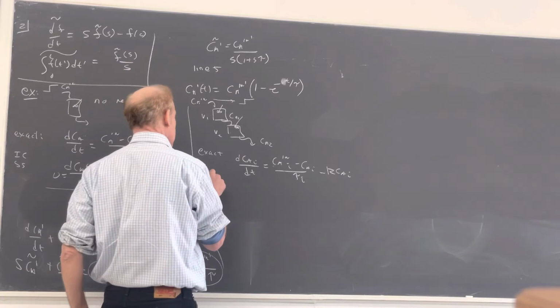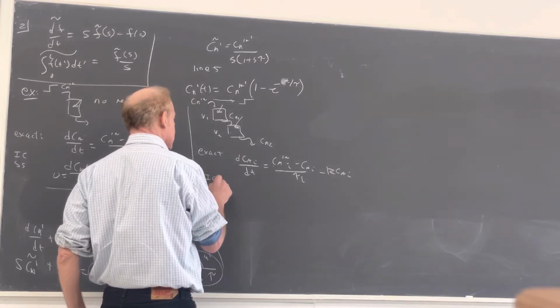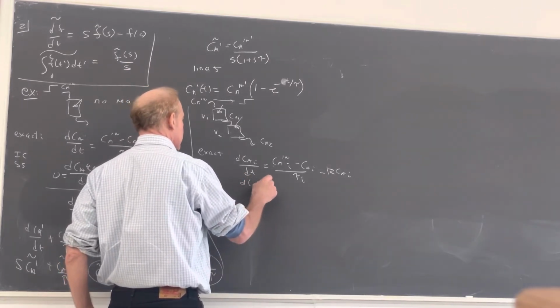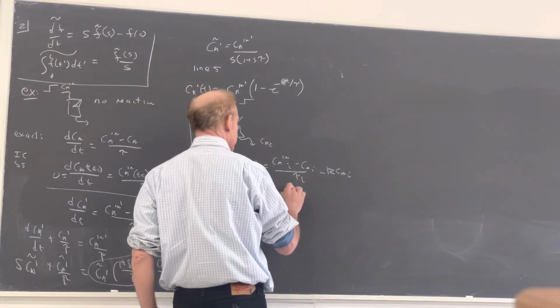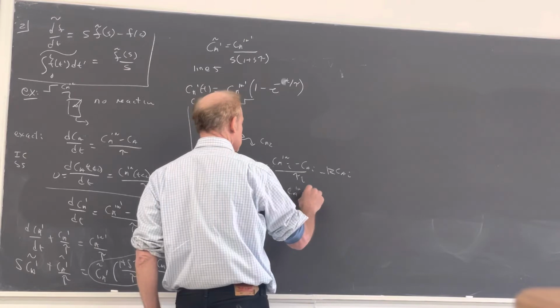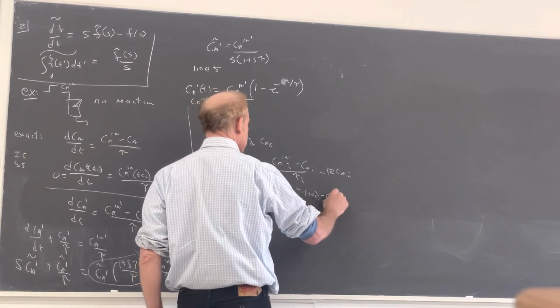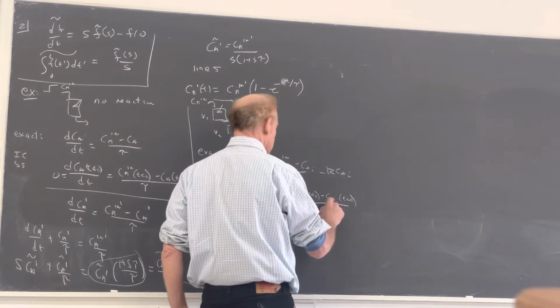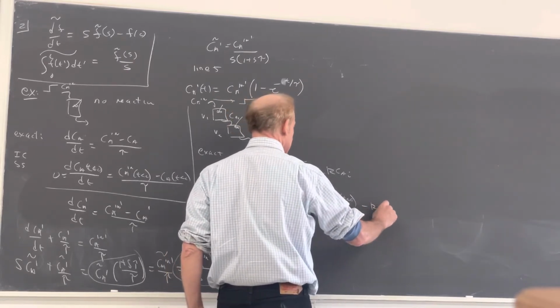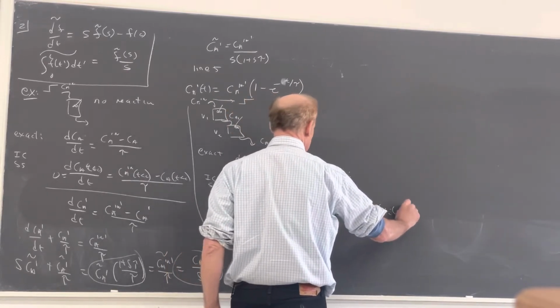And now, at the initial condition steady state, for t less than 0, dCAi/dt is CA in,i at t less than 0 minus CAi at t less than 0 over tau i, minus k CAi at t less than 0.